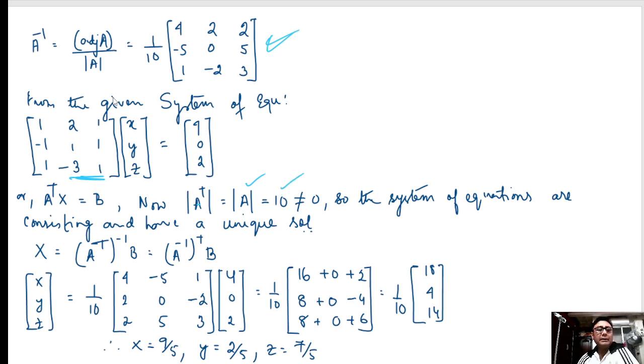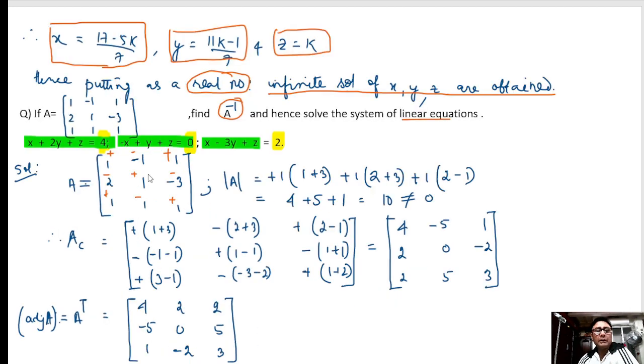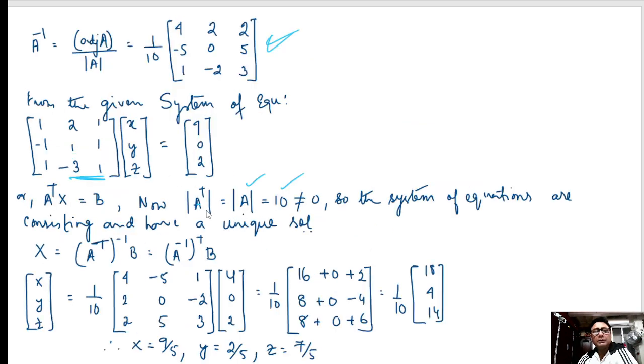That means if I take the transpose of this matrix, this is our matrix A, and do the modulus of that and the modulus of the transpose, we are getting 10. So the system of equations is consistent and has a unique solution.